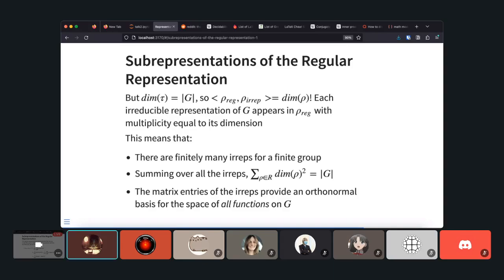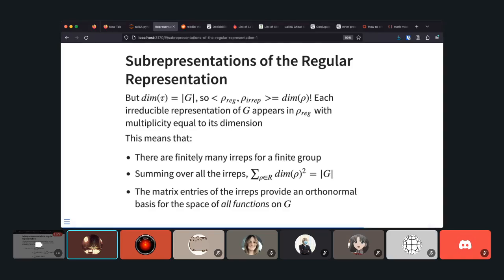So that's 16 plus 2 is 18. And I guess there must be 2 more 2-dimensional irreps, because I had 2 left and I can't have a dimension square root of 2.